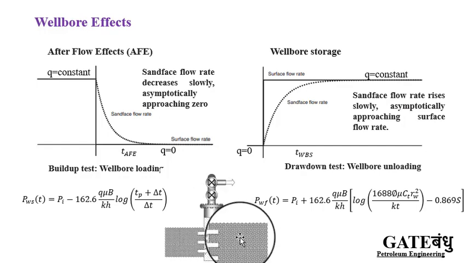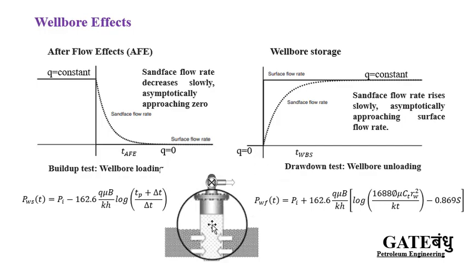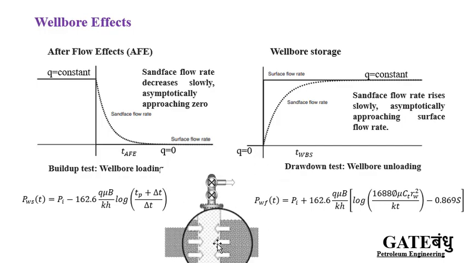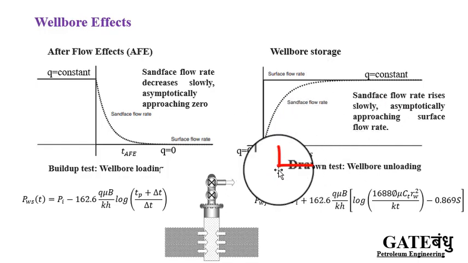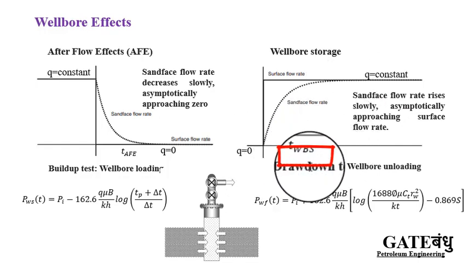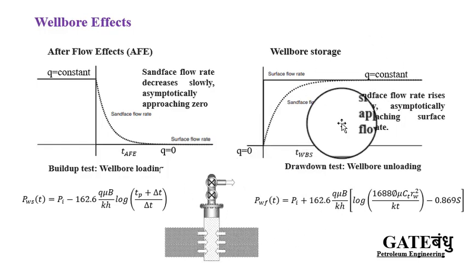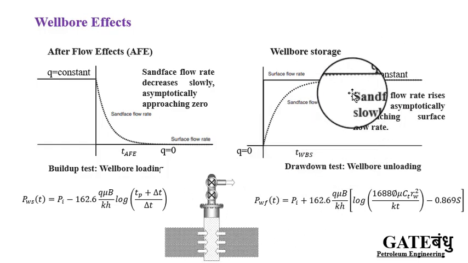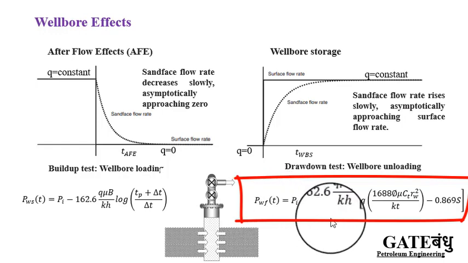So it takes some time until this surface rate becomes equal to the subsurface rate, and this time we call the time of wellbore storage. And when this surface rate and subsurface rate become equal, then we can apply the equation that we were talking about during the drawdown testing for estimating the wellbore flowing pressure in the wellbore.